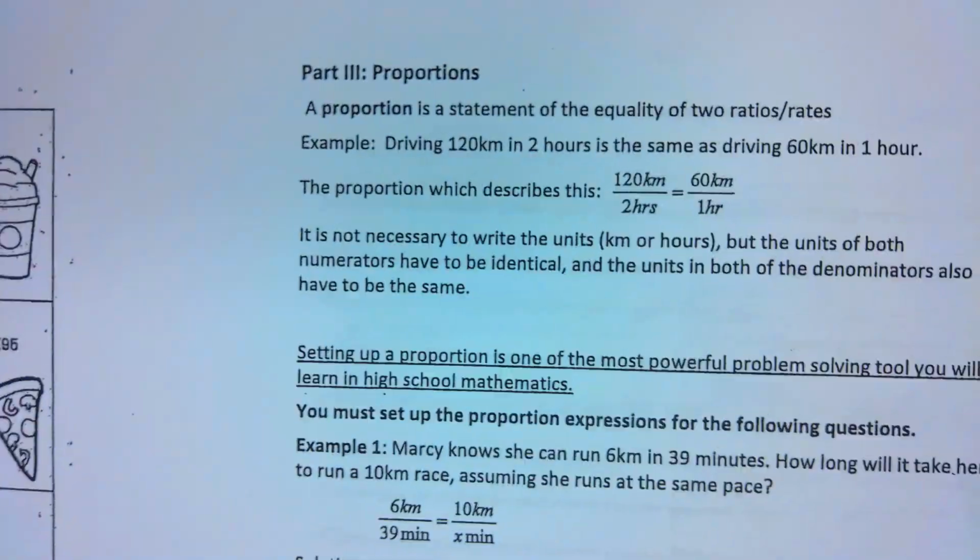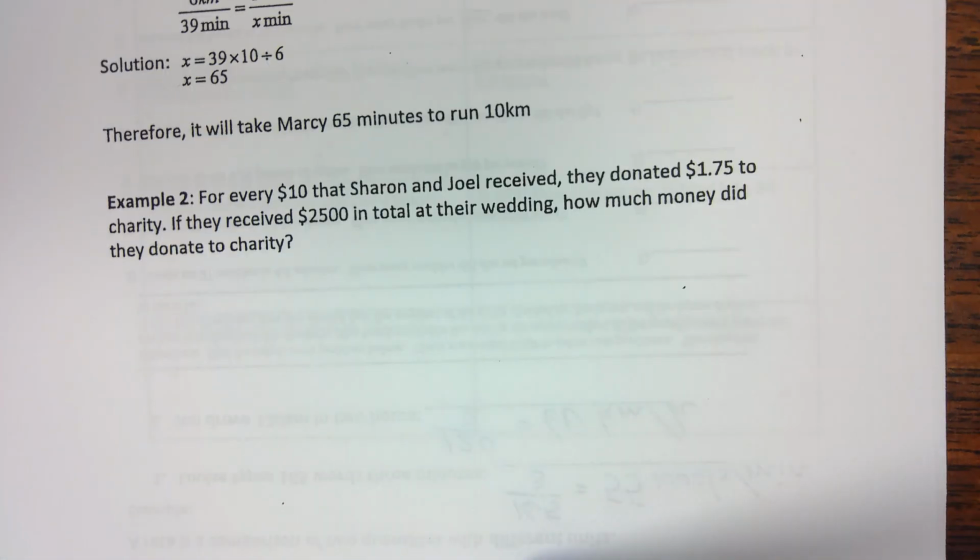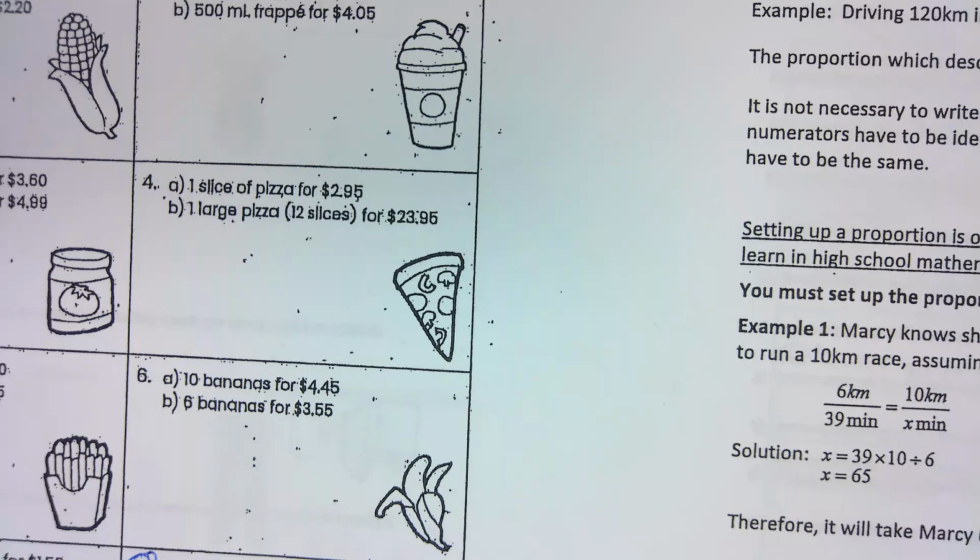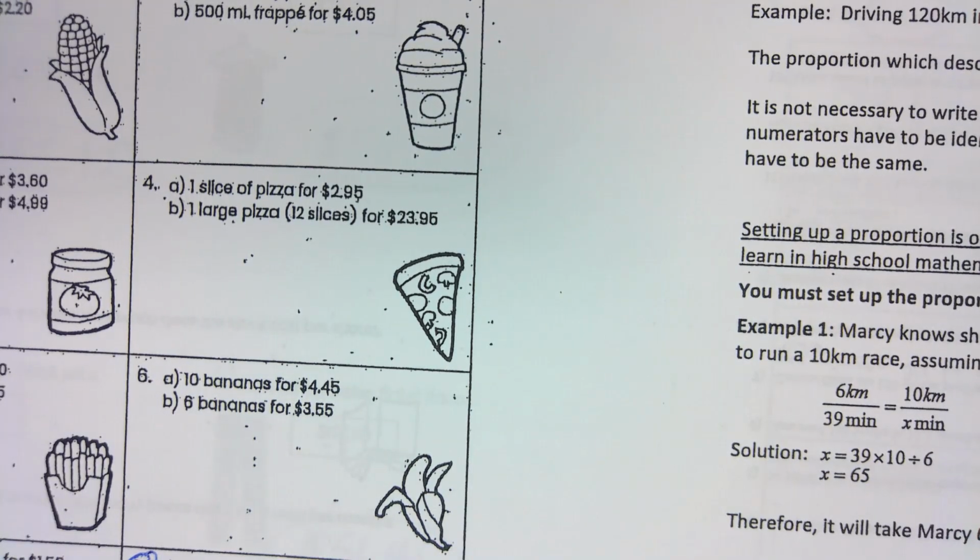So tomorrow for that half an hour period, if you're here, we're going to work on pages 8 and 9, and then homework will be up to page 13. If you're here, then we'll just do it together. If you're not, make sure you just work up to page 13. All right.